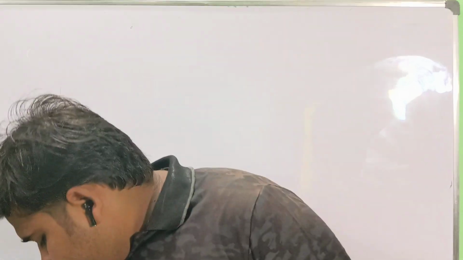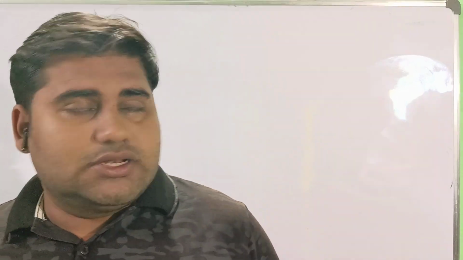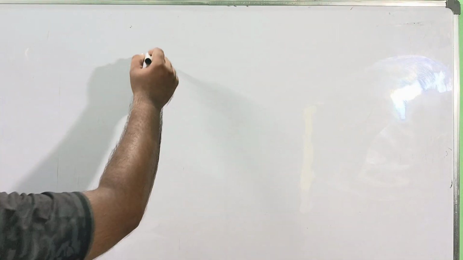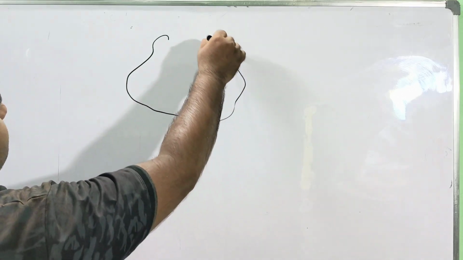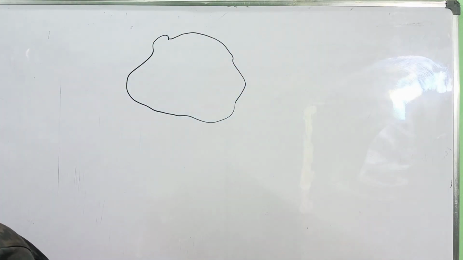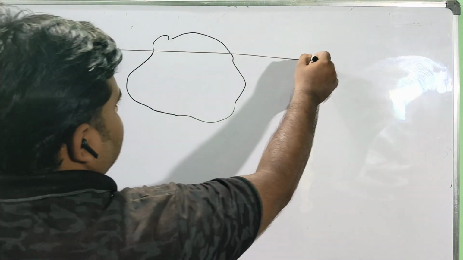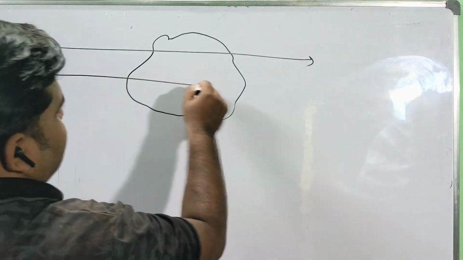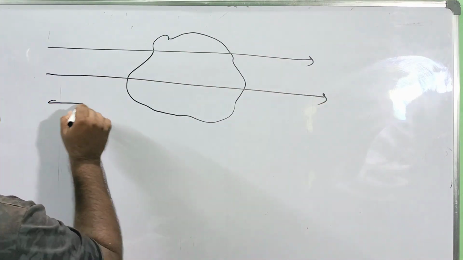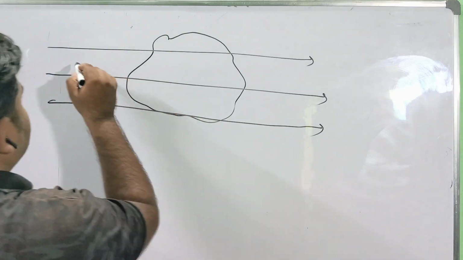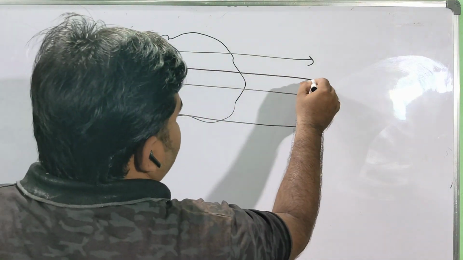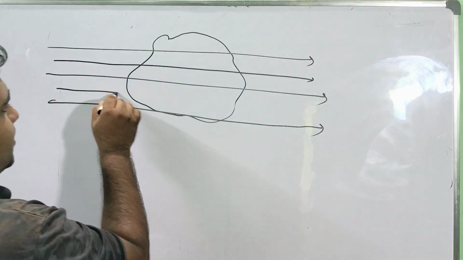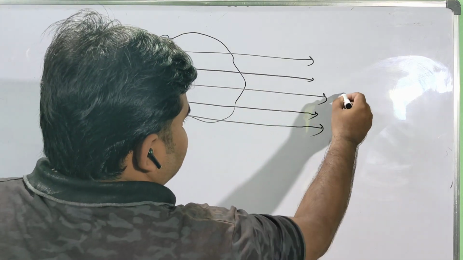What situation do you have to check here? If we consider an arbitrary shape object, an electric field is going through this way. You can make these lines a bit closer. A uniform electric field is like this.